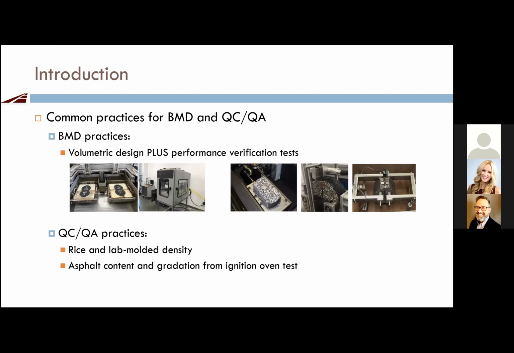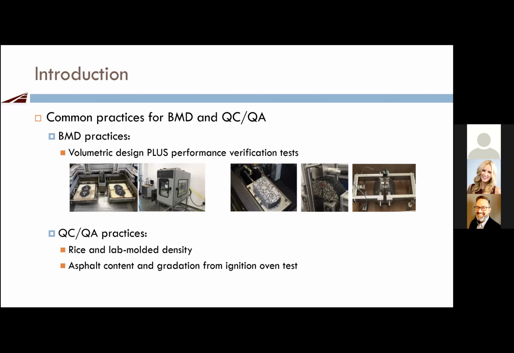For example, many DOTs are using Hamburg or APA for evaluating rutting resistance. Some DOTs, like Texas, use the overlay tester for cracking resistance. Illinois DOT uses the I-FIT. Minnesota uses DCT. I think Louisiana DOTD uses the SCB-Jc test for cracking verification.